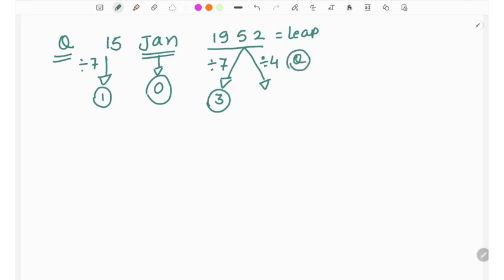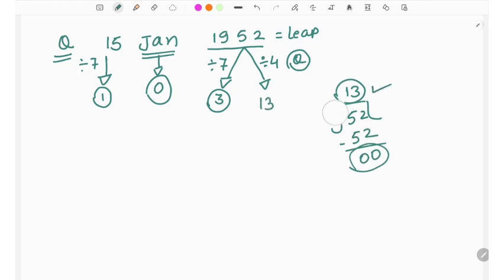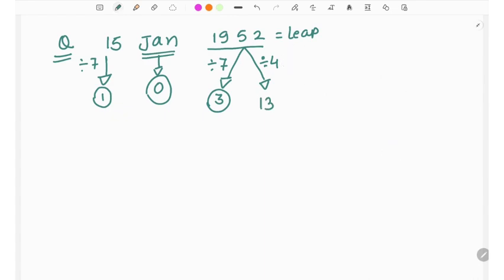So when I divide 52 by 4, 13 4s are 52, the remainder is 0, but what is important for us here is the quotient, 13. Now take the summation of all these numbers and the codes, that is 1 plus 0 plus 3 plus 13. This will give me 17. So this is your final summation.